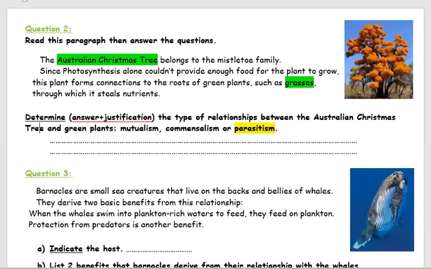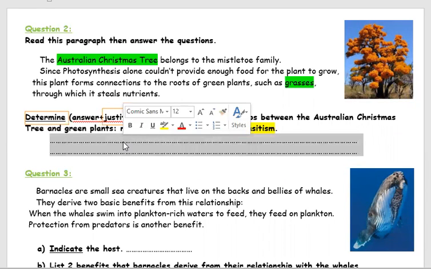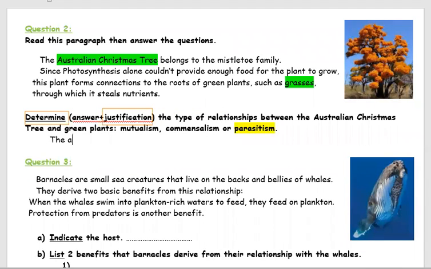Okay, we have to determine our answer. Each time I ask you to determine your answer, we have to justify it. So we will say that the Australian Christmas tree is in a parasitic relationship with green plants.